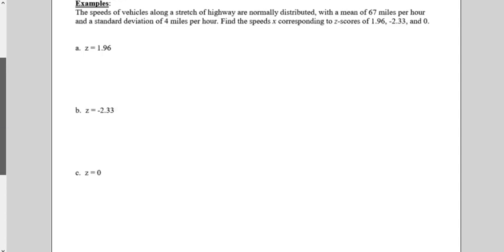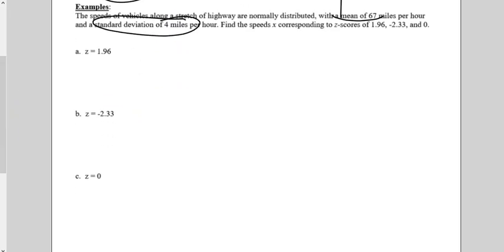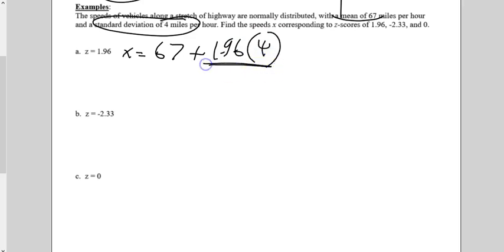So, if we have a mean of 67, and a standard deviation of 4, and we have these three scores, we're just going to do the formula. X equals the mean plus the z-score times the standard deviation. Remember to do this in your calculator first, hit enter, and then add 67. So that's 74.84.